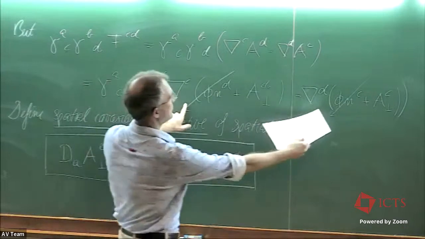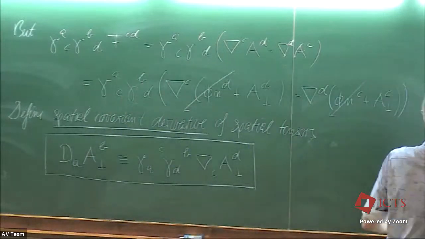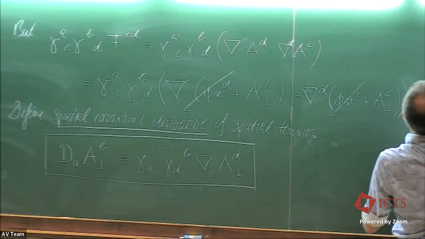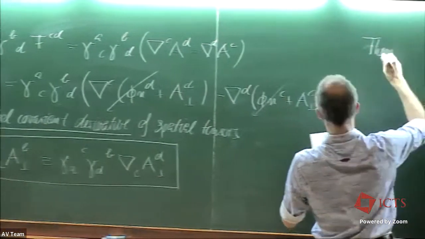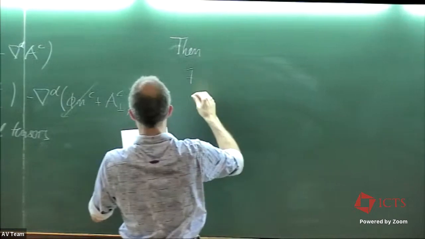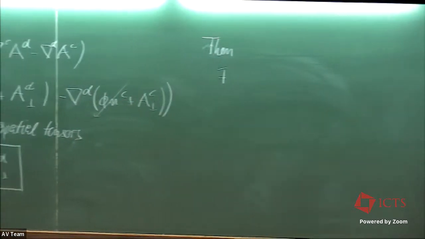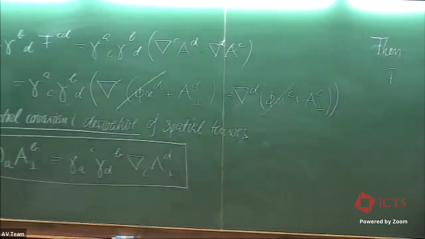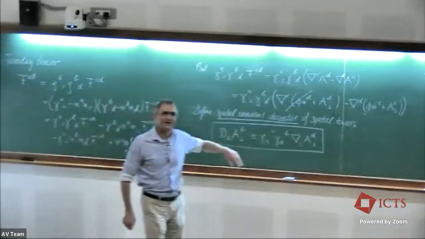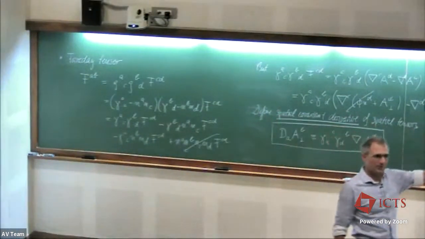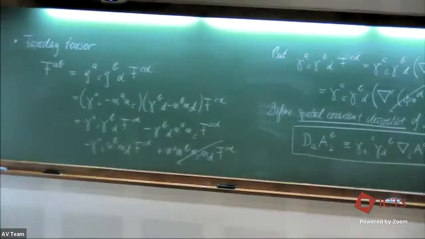And now I can use this definition to write FAB. FAB equals, I need to do one more thing here before we do this. Does anybody see what NC FCD is? If you remember how we defined the Faraday tensor, we wrote it in terms of the electric fields and the magnetic fields.